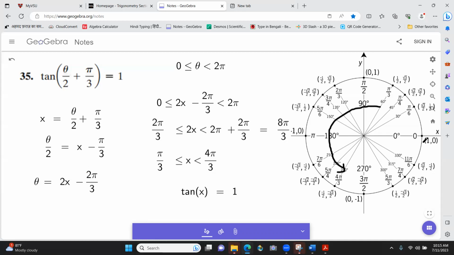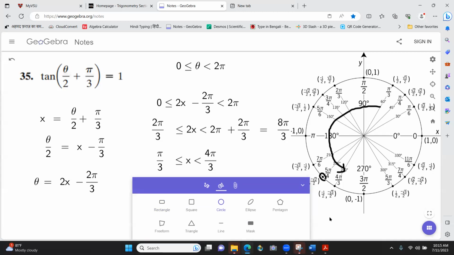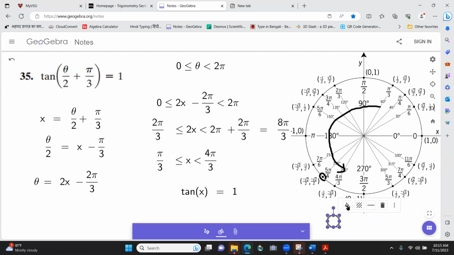You're asking yourself for what value of x would tan theta be 1? It has to be this one, because tan theta is sine over cosine and they have to be the same. It's only this one.